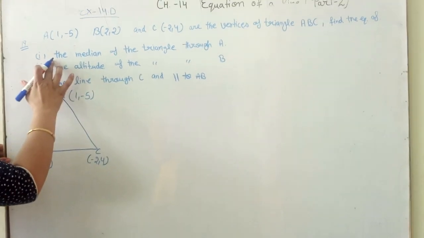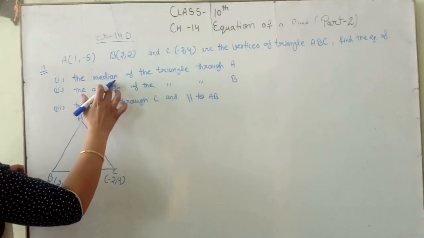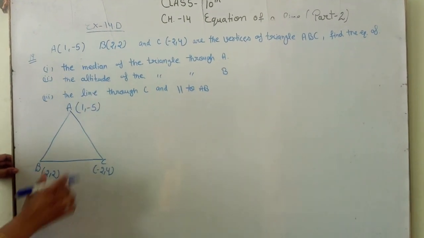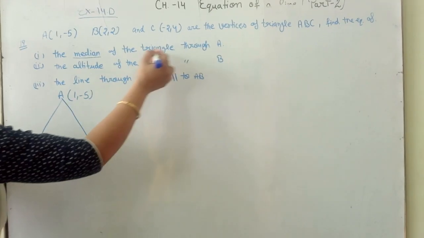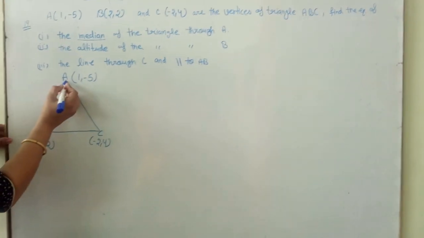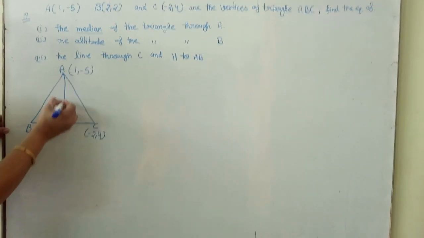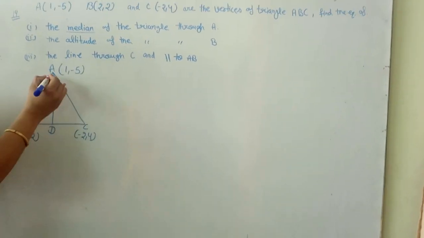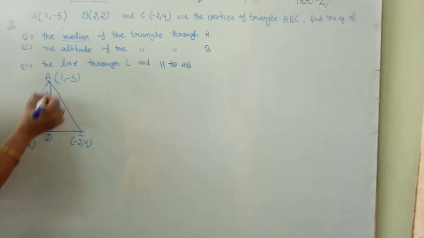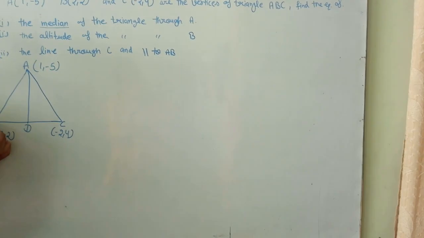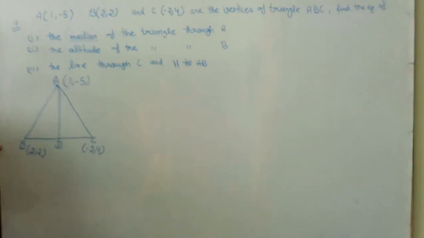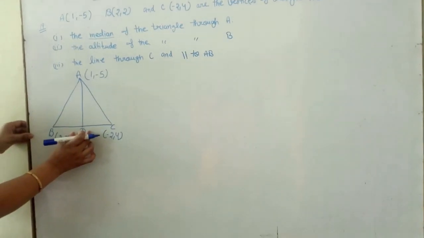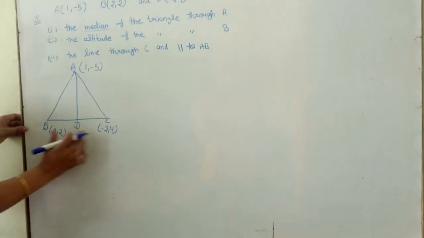First we find the equation of the median of the triangle through A. Median through A means, let this point be D, and AD is the median through A. If AD is the median, then D is the midpoint of BC. First we find the coordinates of midpoint D by the midpoint formula.